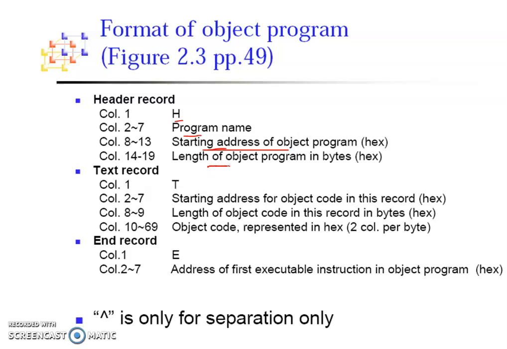Then comes the length of the object program in bytes. How is the length of the object program obtained? It is based on the location counter value and the starting address. When it encounters the END directive, the location counter value minus the starting address of the program gives the length of the program.